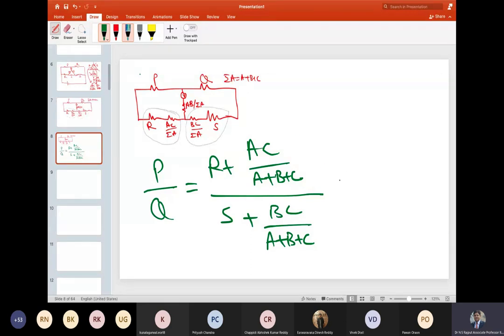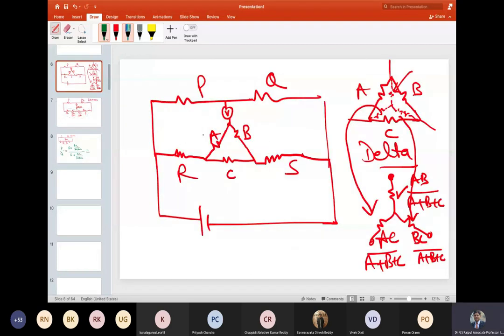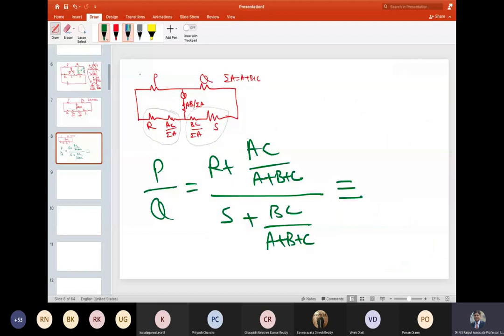One more relation he had given to us was, in this circuit, he had said that P by Q must be of the same ratio as A by B. So this is identically equal to A by B as well.